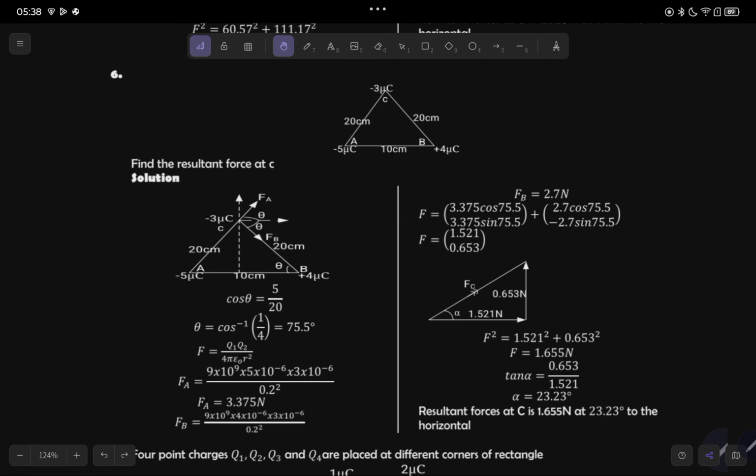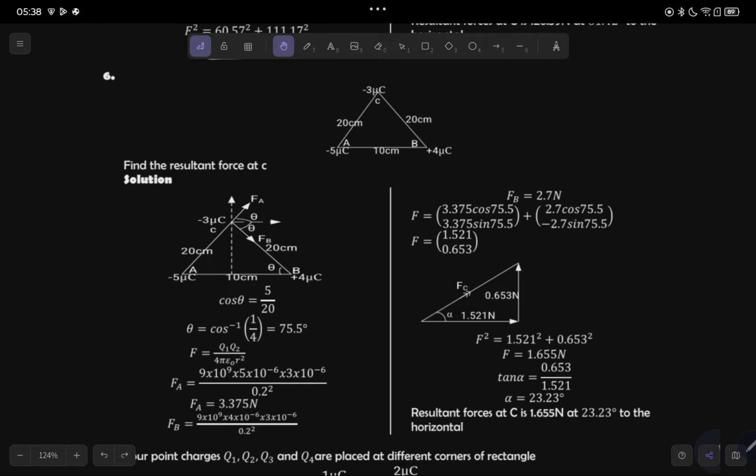Now the charge at C is negative. The charge at A is negative also, which means the charge at A will push away the charge at C. You're seeing that force FA. Force FA is the resultant force at C due to A, being pushed away.